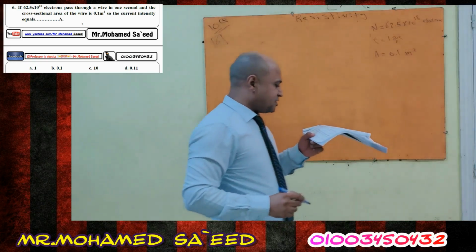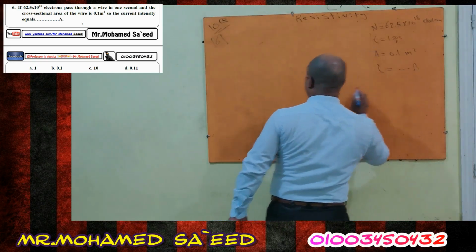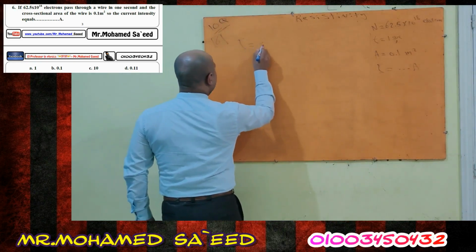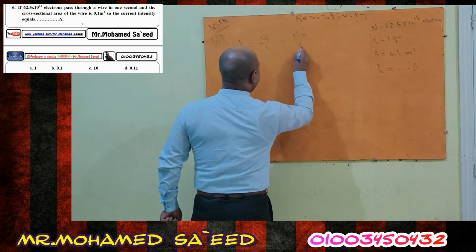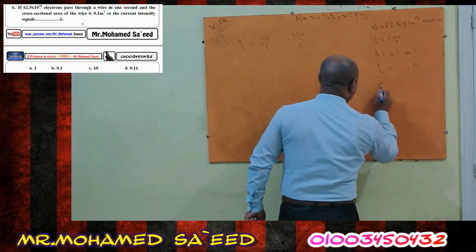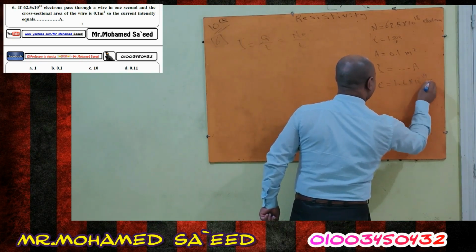So the current intensity I equals what, in amperes? We have learned before that I equals Q over T, which is equivalent to N e over T. The charge of the electron is constant, 1.6 times 10 to the power negative 19 coulomb.